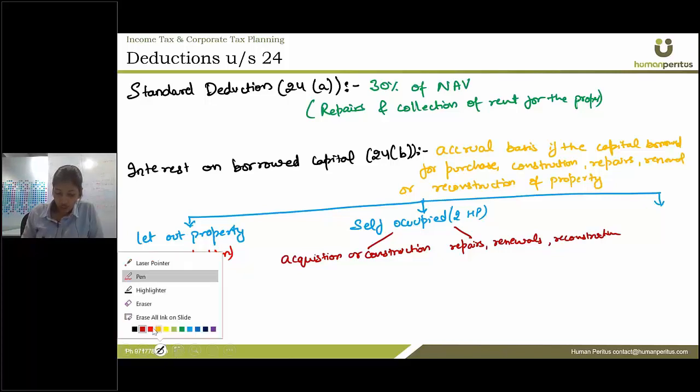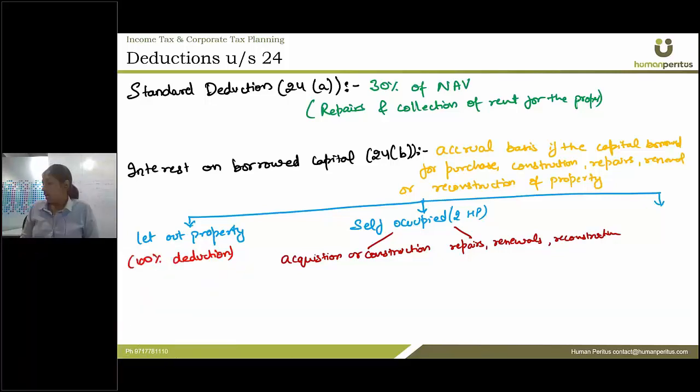Okay. Now in the first part, if the capital is borrowed for acquisition or construction and it is up to 2 lakhs, taken on or after 1st April 1999, and after taking the borrowed capital, the acquisition or construction was completed within 5 years.